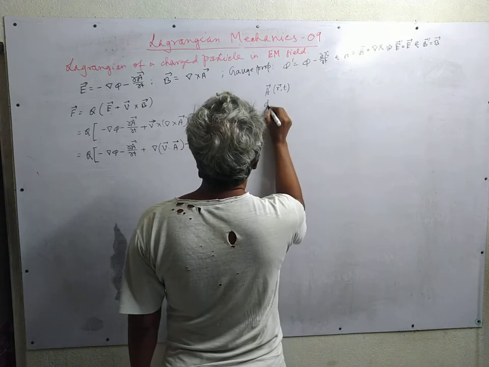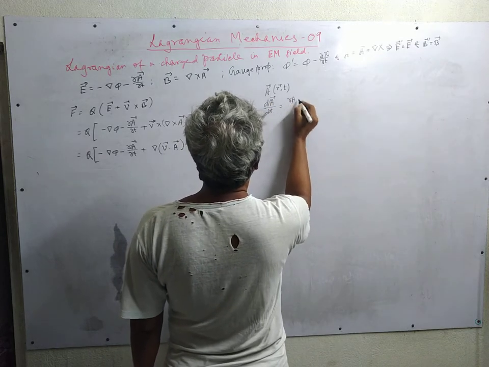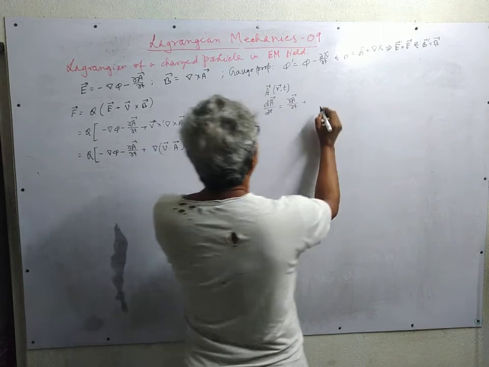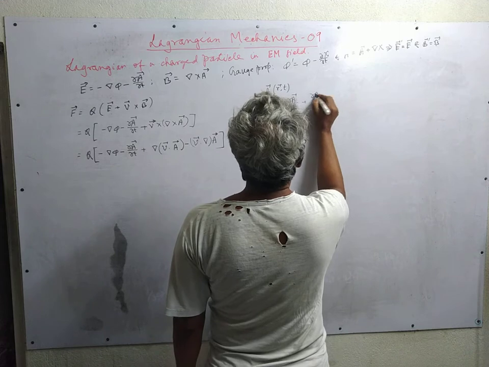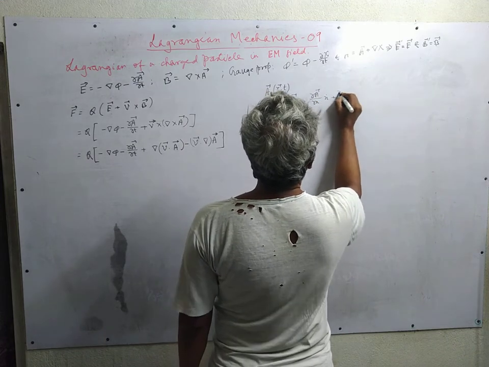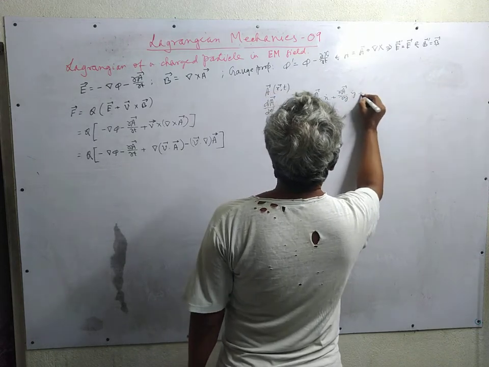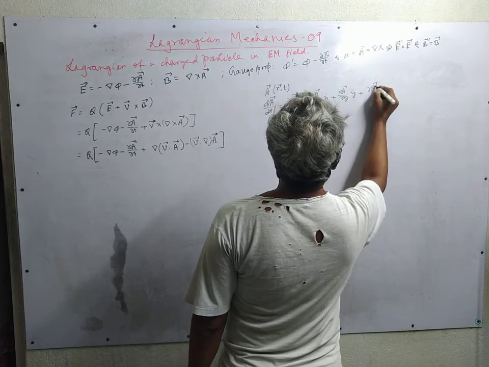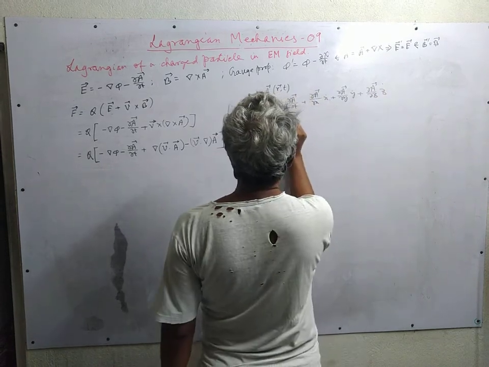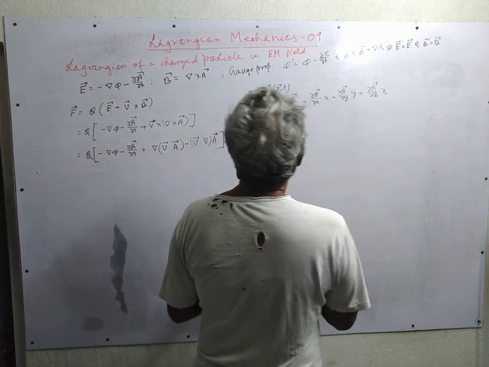So dA/dt is equal to ∂A/∂t, the explicit time dependence, plus ∂A/∂x times x dot, plus ∂A/∂y times y dot, plus ∂A/∂z times z dot.